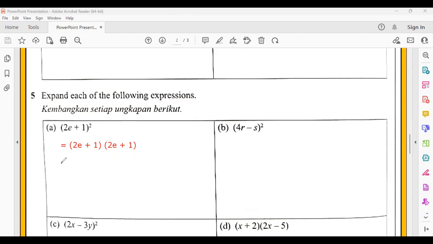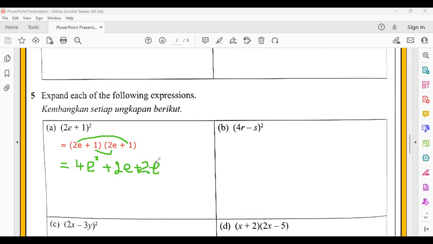So you're going to get over here, 2e times 2e, you're going to get 4e squared. So that's your first term. And then 2e times 1, that's going to be plus 2e. Then you're going to have again 1 times 2e. So that's another plus 2e.